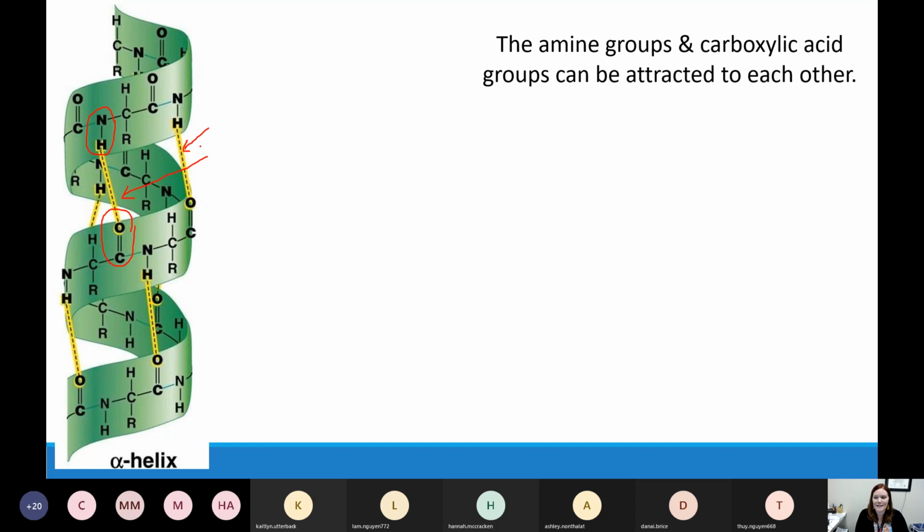Where I've got a positive dipole up here and a negative dipole down here that are attracted to each other. Yeah, we got several different options. When I talk about dipoles being attracted to each other, that is hydrogen bonds. So hydrogen bonds, I've got the hydrogen up top, the H, and it's attracted to an oxygen down below. This is a hydrogen bond.